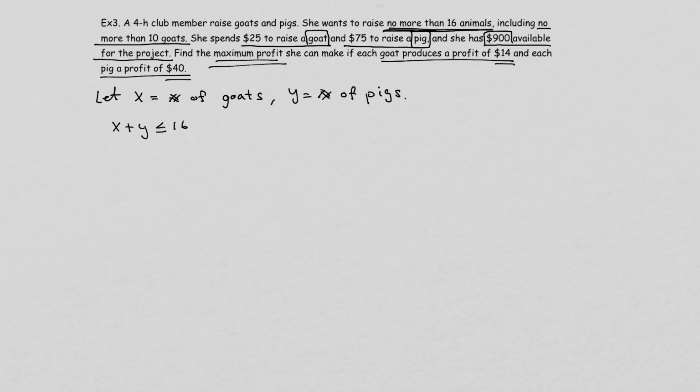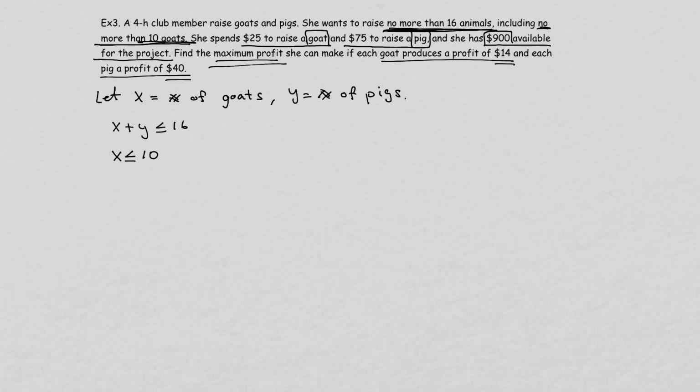So when you're adding the number of goats and the number of pigs, it should be less than or equal to 16 because it's no more than 16. 16 will be the maximum. And then it's also no more than 10 goats. So X is representing the number of goats. So X should be, let me write it under, X should be less than or equal to 10.